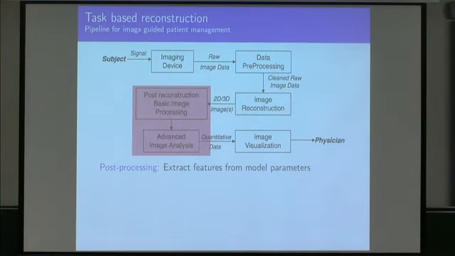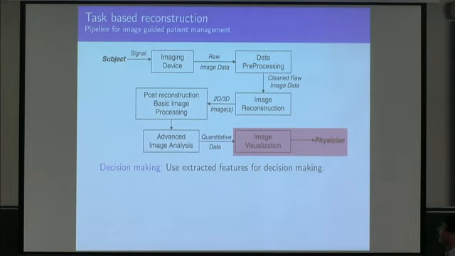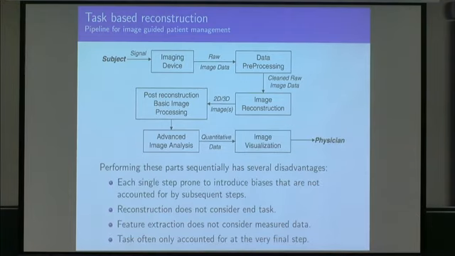And then there is typically this feature extraction part. You could do something more simplistic, or you could do something more advanced. And at the end of the day, these features are used for decision making. You can look at them, of course, but you also need them for decision making. The problem is that these steps are quite often done in sequence.